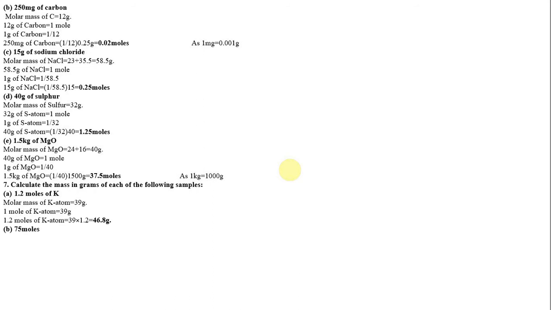B, 75 moles of H2. Molar mass of H2 is 2 gram. 1 mole of H2 is equal to 2 gram, and we will be given with 75 moles. When we multiply it by 2, we will get 150 gram.